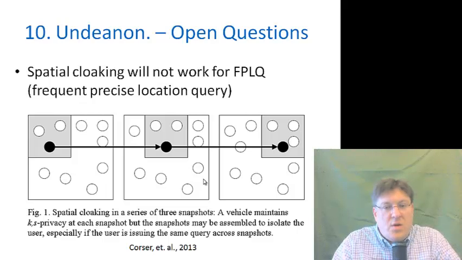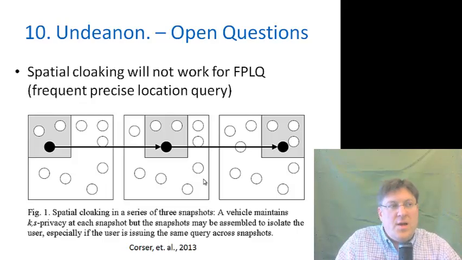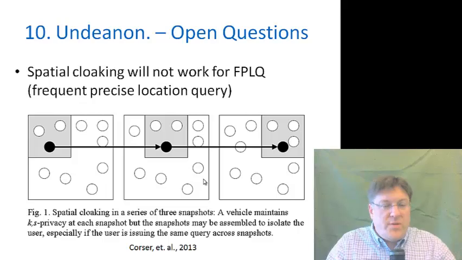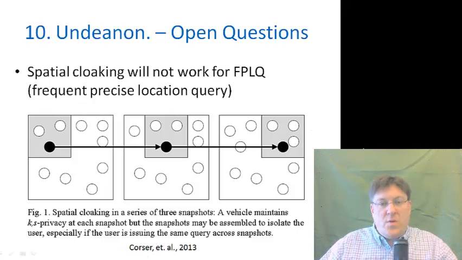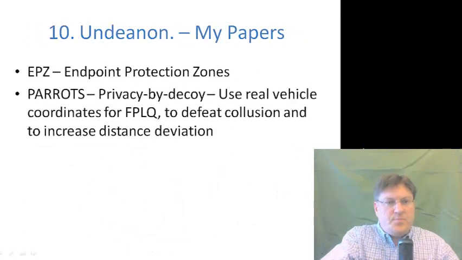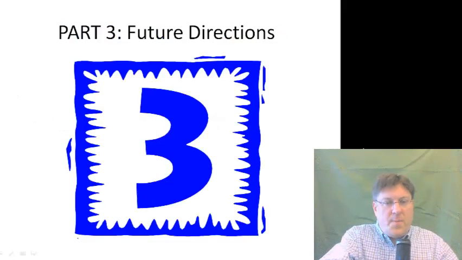So you could isolate which car is the real car by using its pseudo ID and the pseudo IDs of other cars, and whichever one is in every single snapshot, that's your car. So you can protect against this, but there needs to be a system in place. This is a new area. These two papers here are the ones that I published in this area.